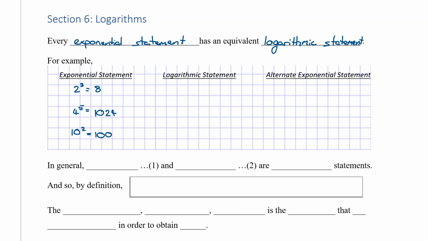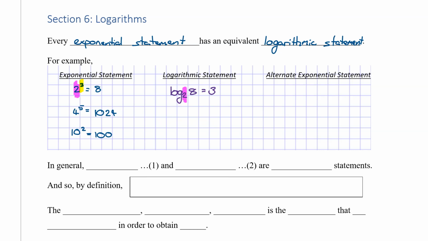Now, if I use a different colored pen for the next section, to explain this in terms of a logarithm, we could say that 2 to the power of 3 equals 8 can be written as a logarithmic statement: log base 2 of 8 is equal to 3. Notice the match of numbers here. This 2 is now the base of our logarithm.